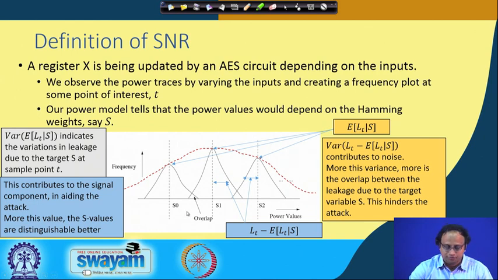If you observe carefully, the x axis is the power values and the y axis is the frequency, as done in a normal frequency plot. But I have drawn some vertical lines to indicate the possible Hamming values. The Hamming value S, for example, can take the value S0, S1, S2. So, what is the goal of an attacker?